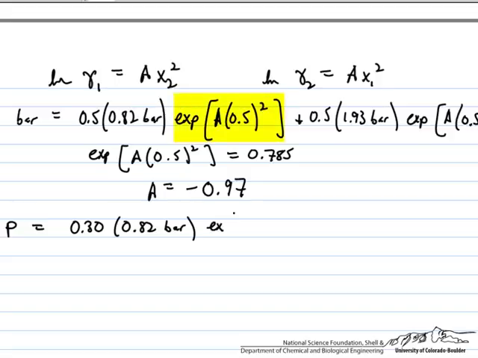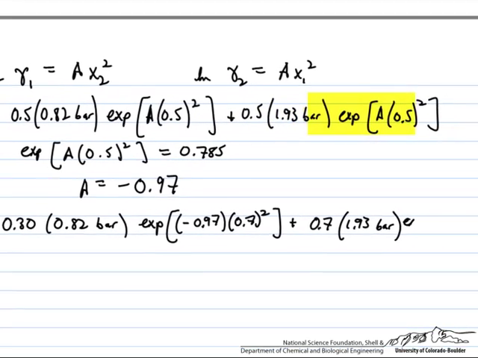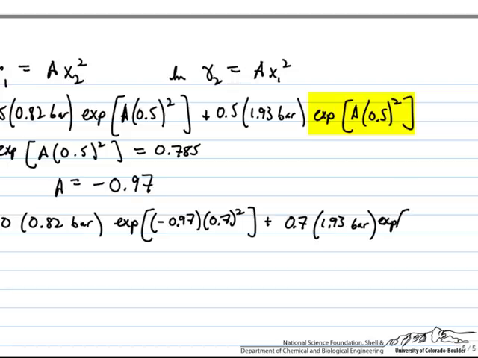And now we take the exponential of negative 0.97 times 0.7 squared, because we have 70% of component 2, which goes into our Margules equation. And then add to that 0.7 times 1.93 bar, times the same exponential term.